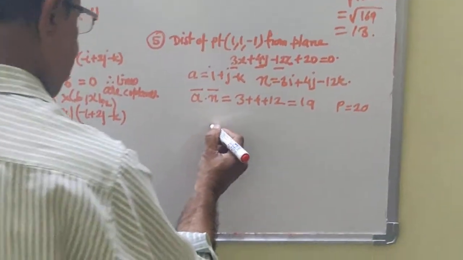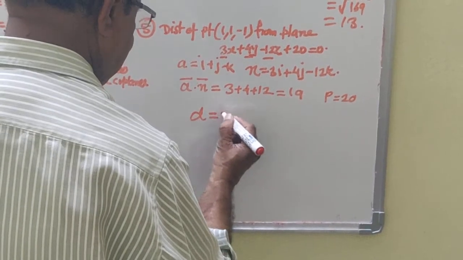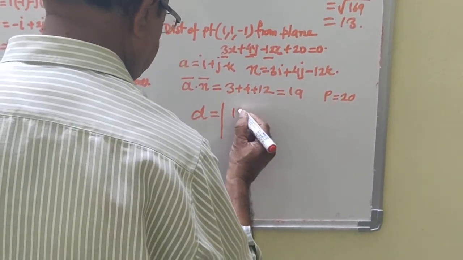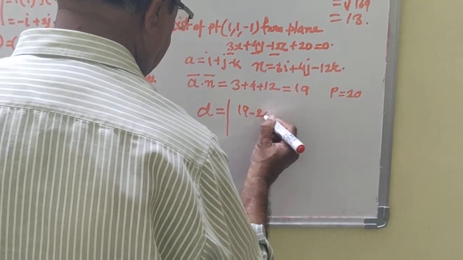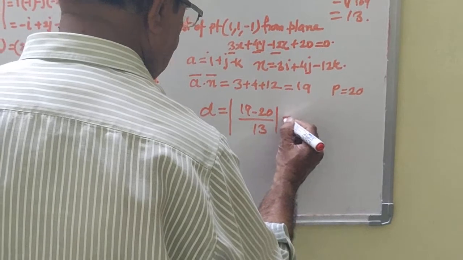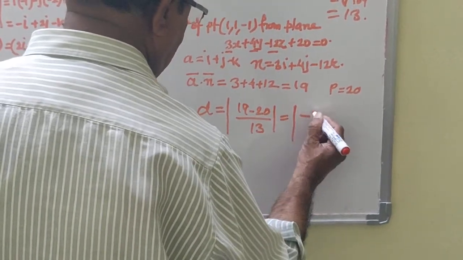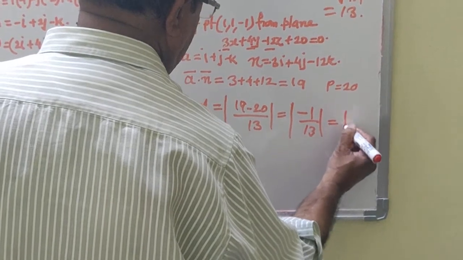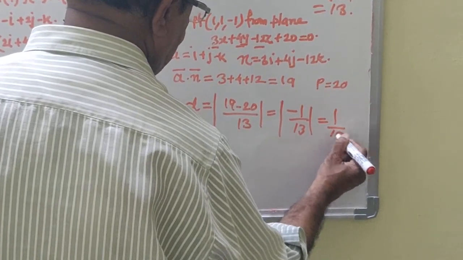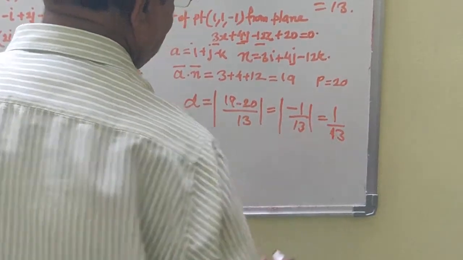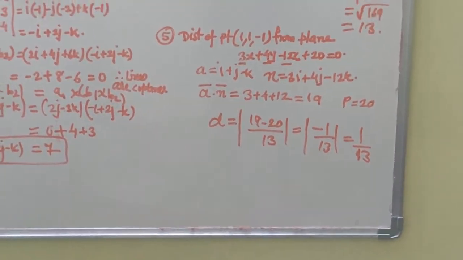Now I am substituting the values. d is equal to modulus of a dot n, which is 19, minus 20, upon 13. This will be minus 1 upon 13, and because of the mod sign, the minus sign will get removed. So it is equal to 1 by 13, which is the required answer for the given problem. You understand?